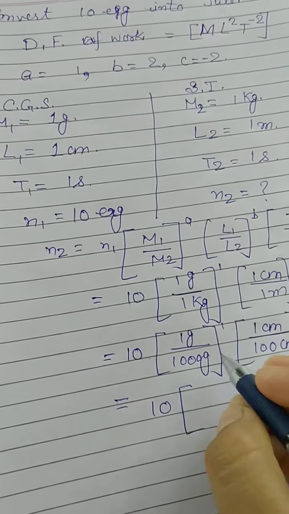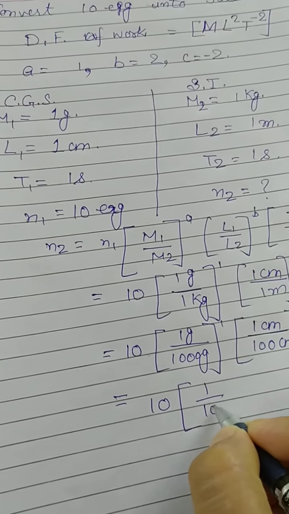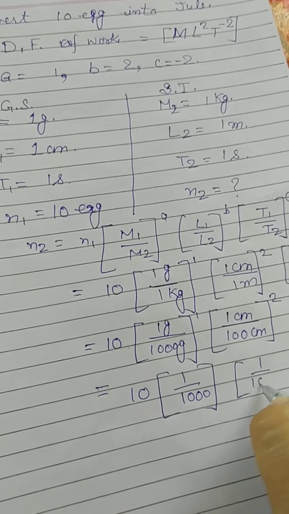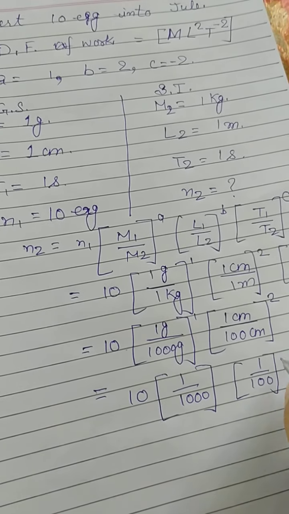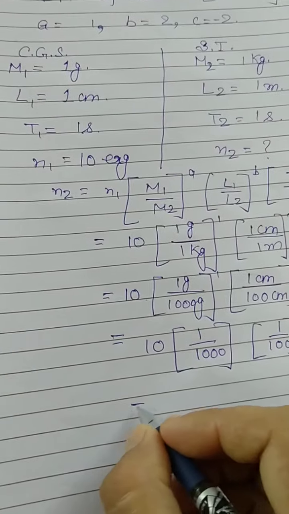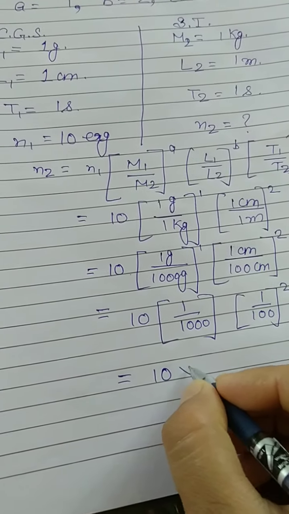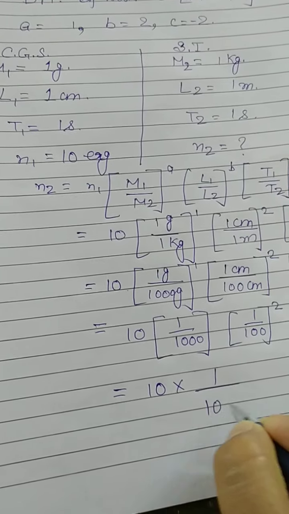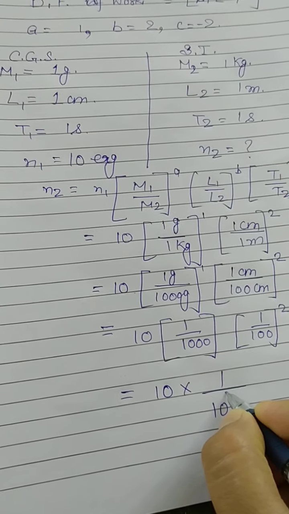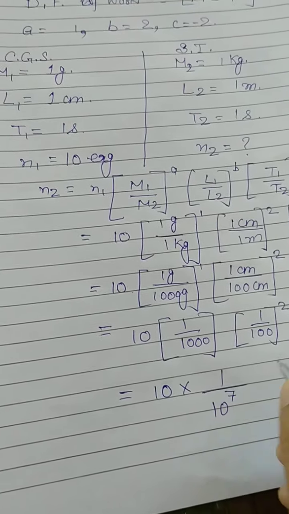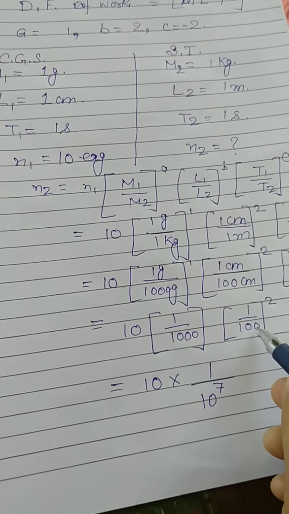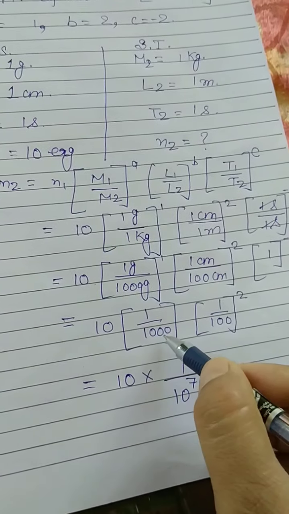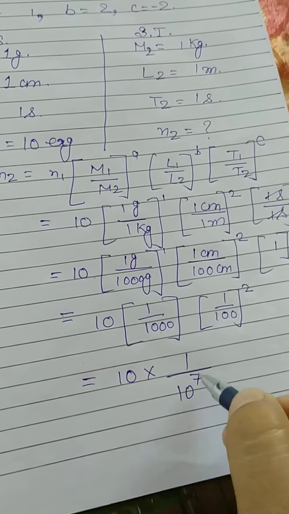Now solve it. It is equal to 10 times 1 gram by 1 kg, which is 1000 gram, with power 1. Now 1 centimeter divided by 100 centimeter, we know 1 meter is equal to 100 centimeters, with power 2, and this gets cancelled, so 1 raised to power minus 2 is equal to 1. Now further solve it. We get 1 by 1000 and 1 by 100 power 2. Again solve it. This will become 10 into 1 by 10 raised to power 7. Clear? When we square it, it will have 4 zeros, and 3 zeros, so it will be 10 raised to power 7.